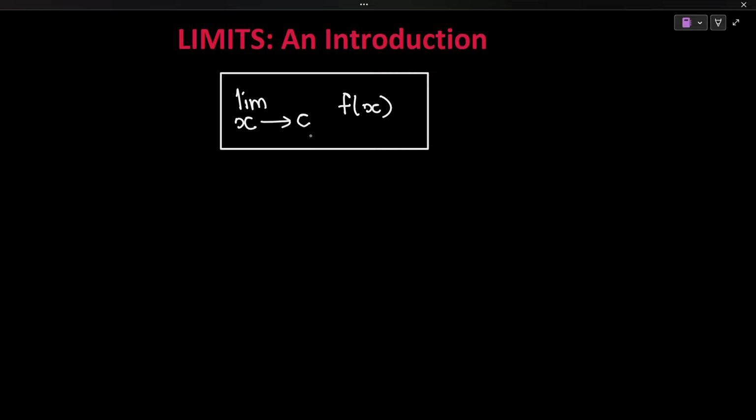Say that we are given the limit as x approaches 2, and let's say that the function we have is x squared minus 9 over x minus 3.